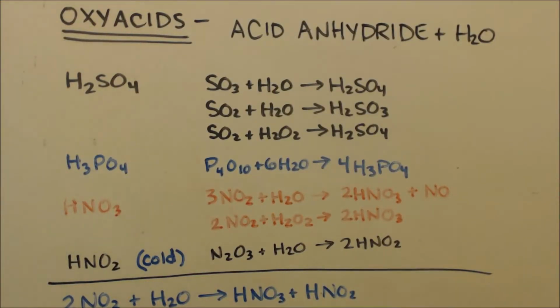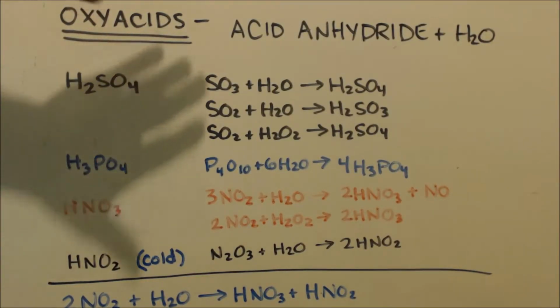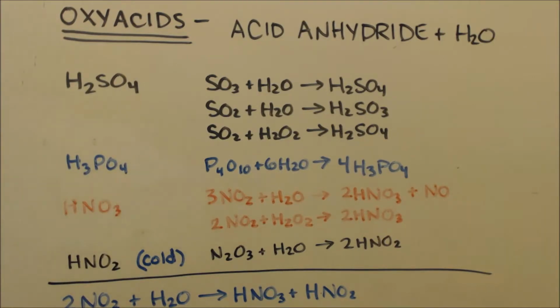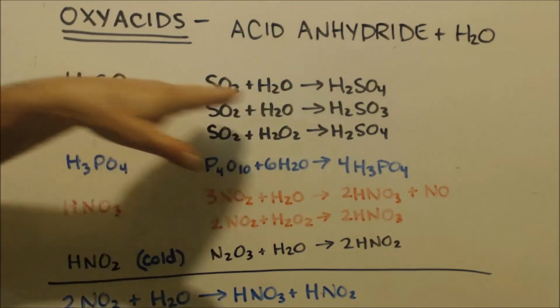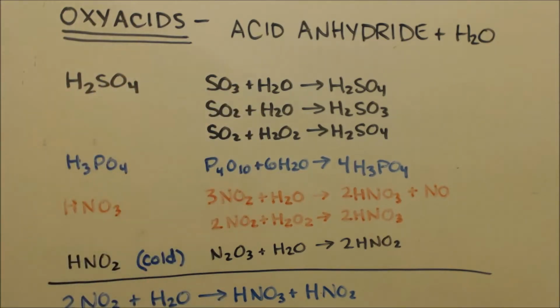If you have an oxy acid, you can always just throw the acid anhydride in some water and you'll make your acid. What is an acid anhydride? The best way to explain that is with sulfuric acid. And keep in mind, if you're going to do this, let me know, because there's more to it, especially with sulfuric acid and phosphoric acid. These are really exothermic, and you can have explosions, especially with the anhydride of sulfuric acid.